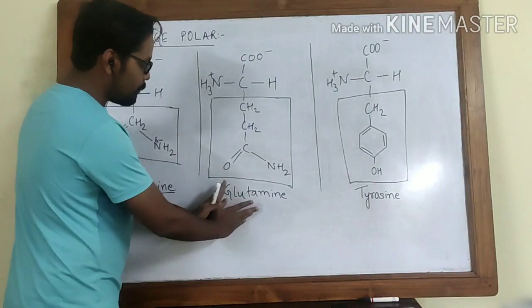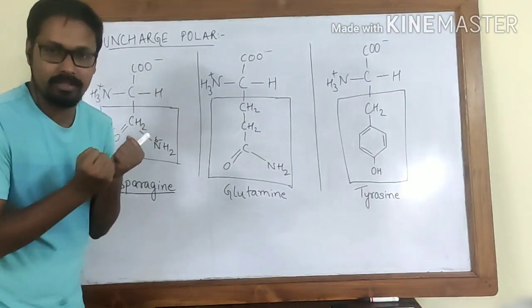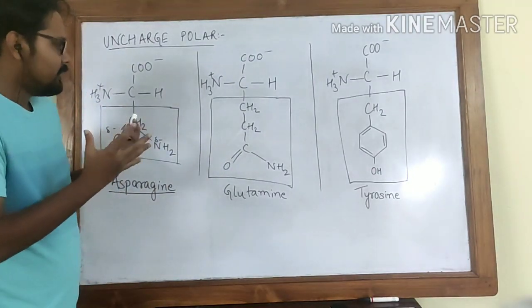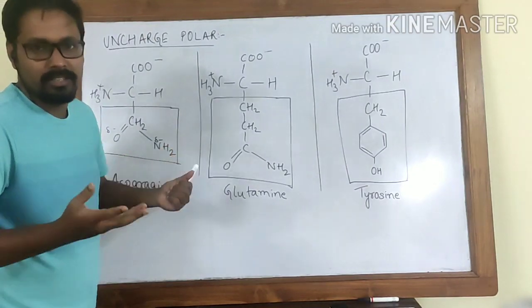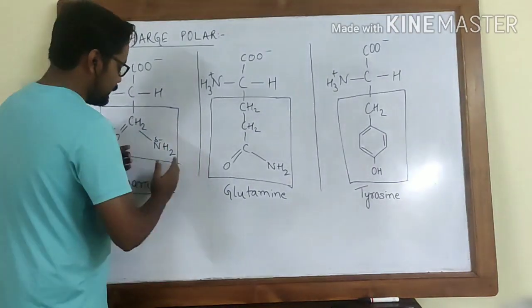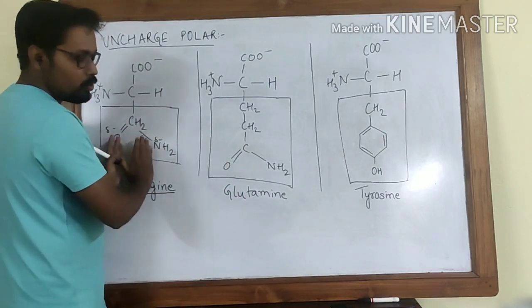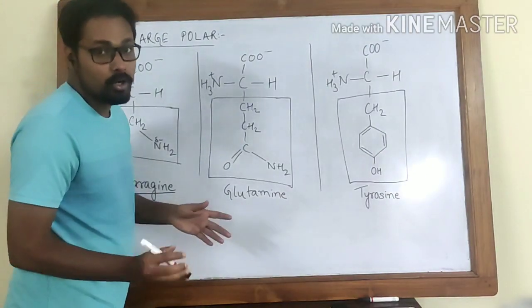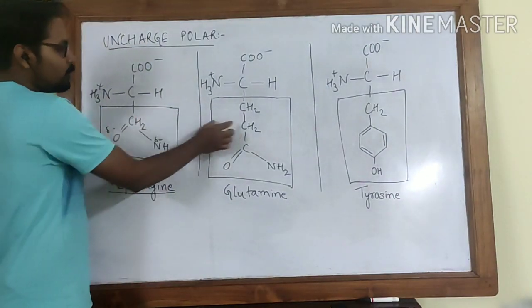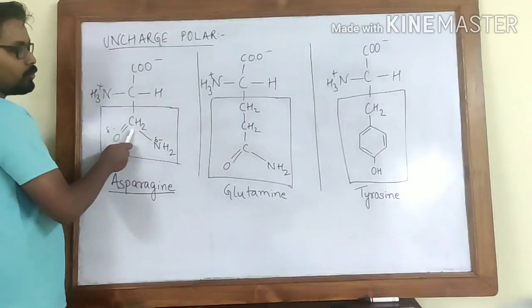In order to remember glutamine, remember that asparagine and glutamine are close relatives, maybe brothers or sisters, or maybe mother and son, or mother and daughter, and they are closely related. As a result, we are going to have slight differences, although they are going to look almost the same, just like two brothers who look almost the same but are not really the same. So they are almost similar, just we have 3 carbons attached to the central carbon. Here we have only 1 carbon.